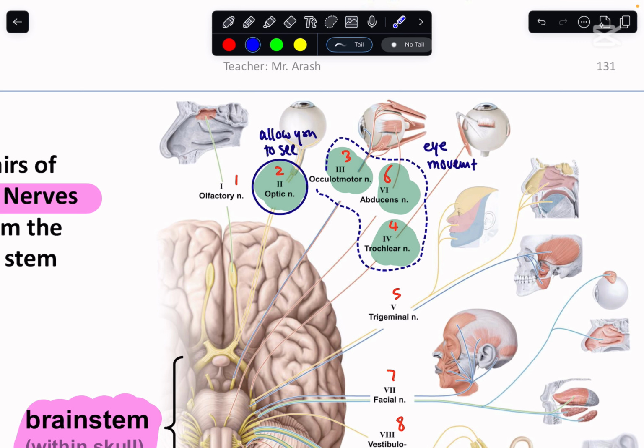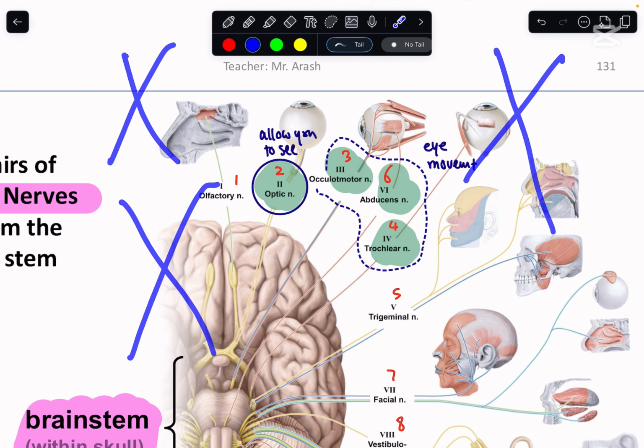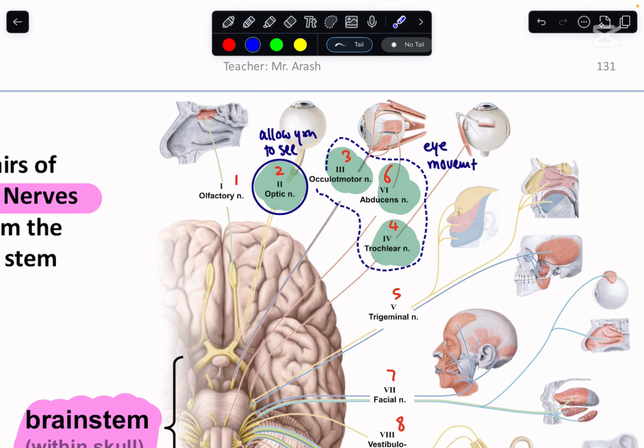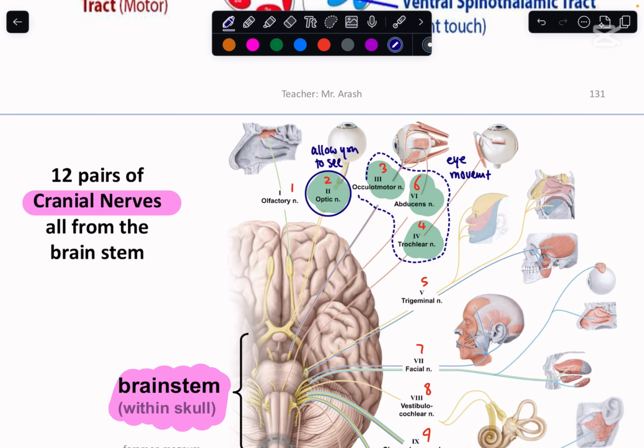You follow? There are muscles around your eye that allow it to move. Right now, when you're looking at the screen, if I do this, or this, you're following the X, which means your eye is moving. The reason your eye can move is because of these nerves, 3, 4, 6, which work through the muscles around your eye. So the only one that allows you to see is the optic nerve, cranial nerve 2. Sometimes we call them CN.